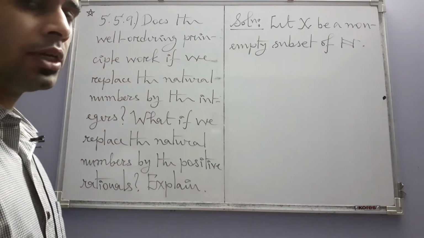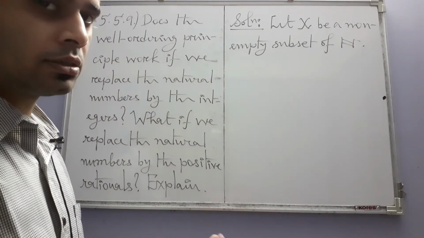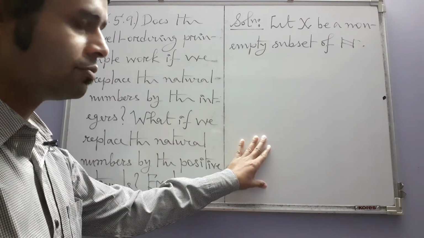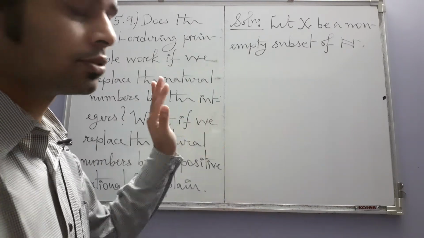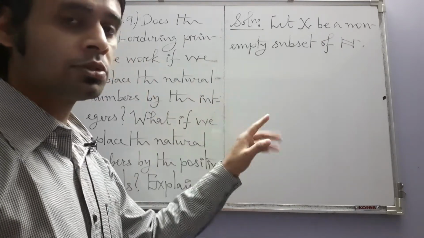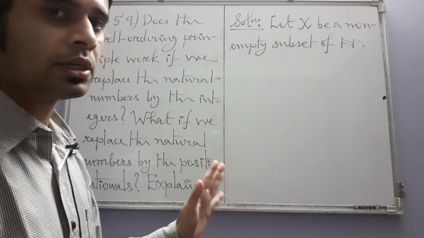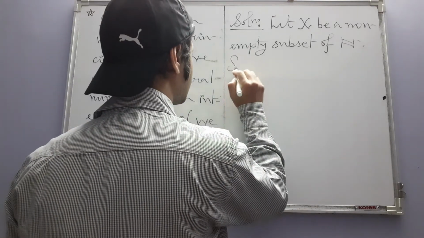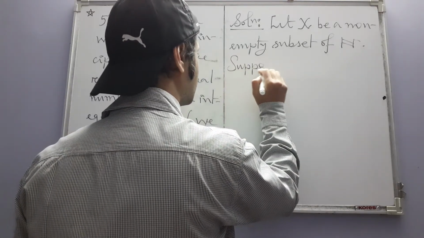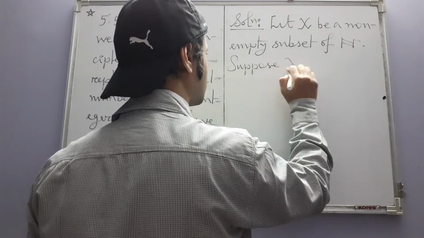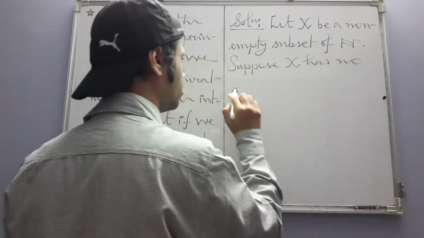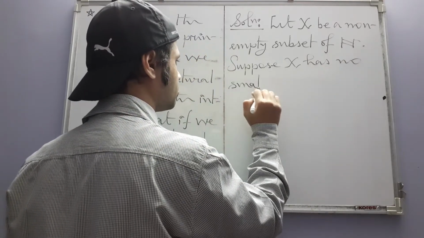We can prove the uniqueness of the smallest element later, which is in fact not something very difficult. There is just one line we have to write, but first of all we have to show its existence. Suppose it does not exist for X. Suppose X has no smallest element.